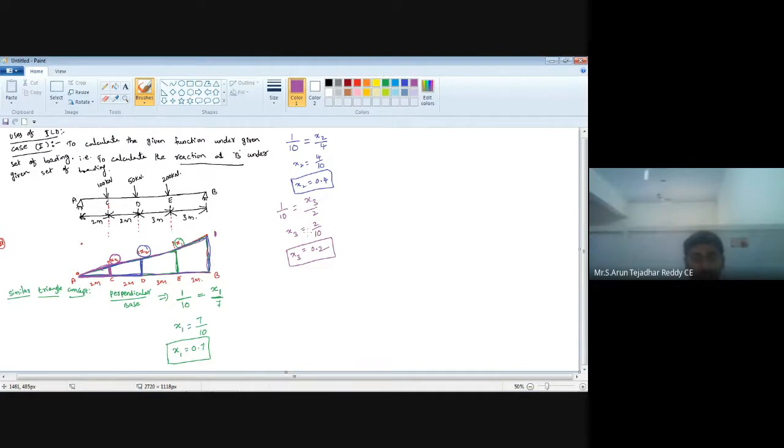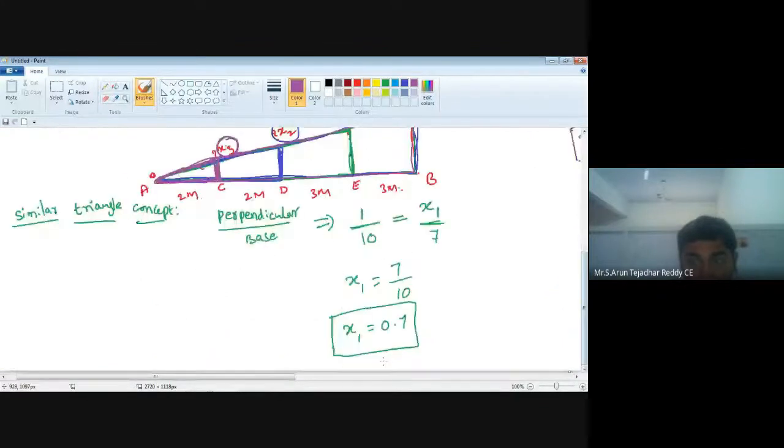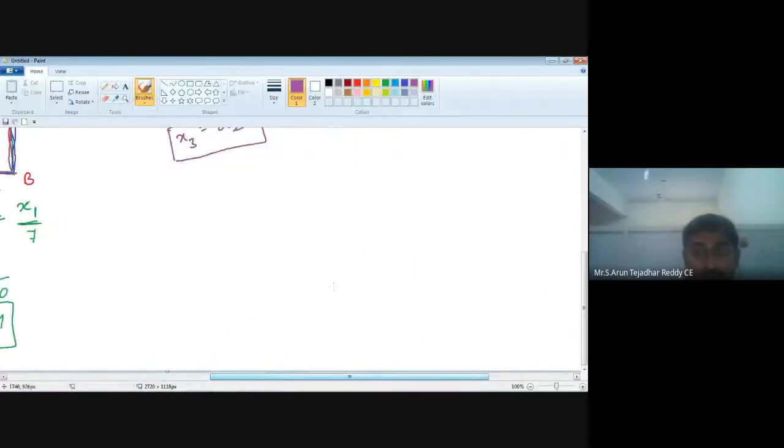Now, finally, again draw the influence line diagram showing the ordinate values. That is A, and here we have C, D, E, and it is B. Generally, for reaction at B, the maximum intensity is 1.